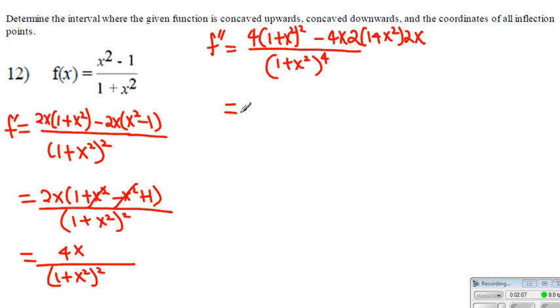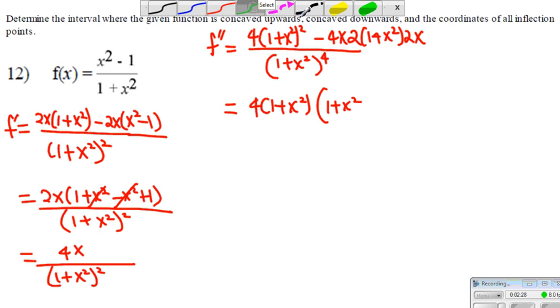Now, we get to realize there are a few things that are common factors between these two, which is 4, and then 1 plus x squared is common. That means from the first one we have one other 1 plus x squared left. Now, when you look into this one, you will realize that 4 and this one has been taken out, so what's left is x times 2 times x.